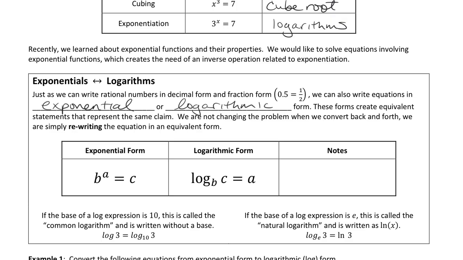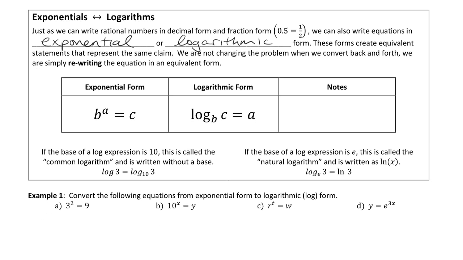Now, in your previous classes, you may have done the log loop differently. Here's how I teach it, and here's how I want you to think about it. These are equivalent expressions. We have the base b raised to some number a, and it's equal to c. So example, what if I had base 2 raised to the second power? That would be equal to 4, correct? We can rewrite that in its inverse form, in its logarithmic form, by keeping the bases the same.